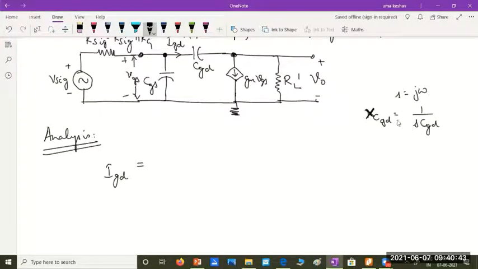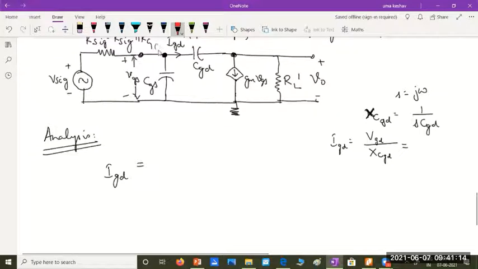We know that. And if I want to find the value of current through a capacitance, what would it be? It would be the voltage across that capacitance divided by the reactance of the capacitance. Yes or no? So what would be the voltage across this capacitance CGD? What is the voltage at this point?